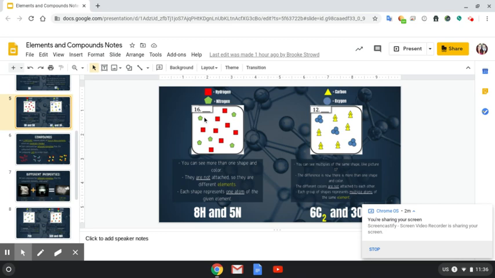And each shape represents one atom of that given element because they're solo. So the squares are solo, our hydrogens are solo, and our nitrogens are solo. So we have 8 squares, so we would have 8 hydrogen, and then there are 5 of the nitrogens. So we would put a 5 for the nitrogens.